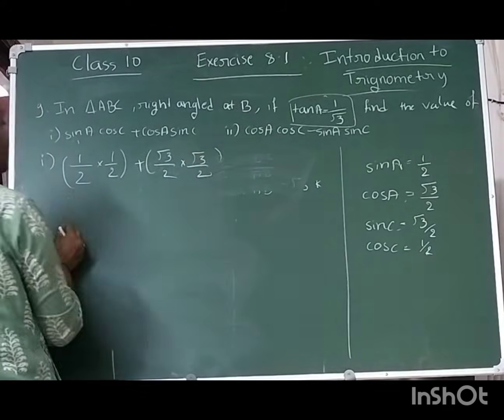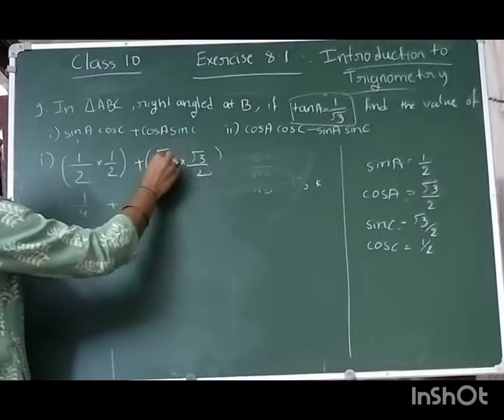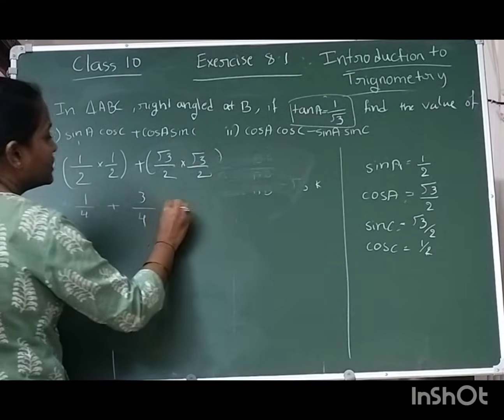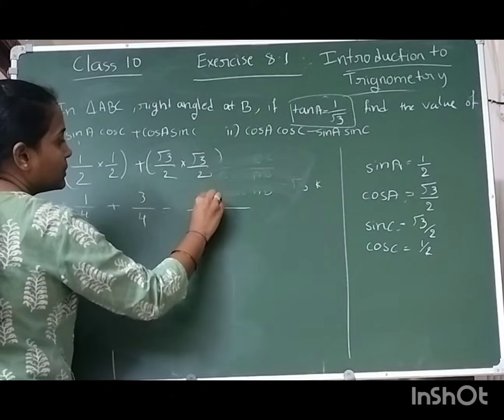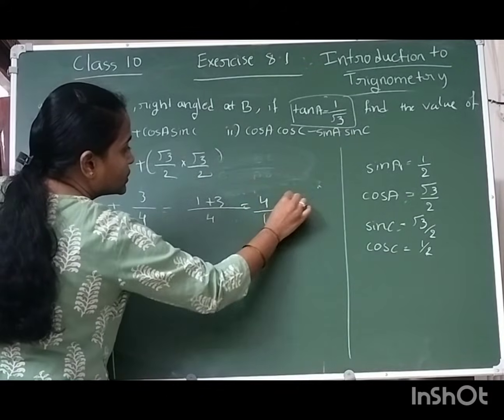So upon multiplication we'll get 1 by 4 plus 3 by 4. So 1 by 4 plus 3 by 4, we'll get 4 by 4, that is 1.